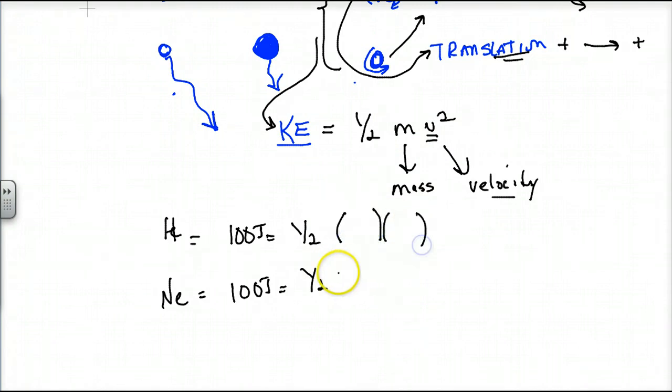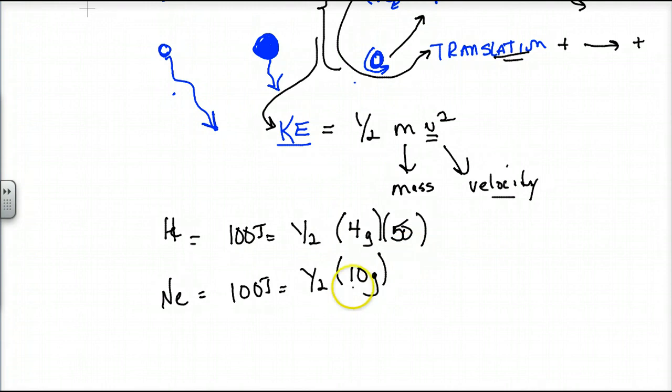So what times each other? Helium has a molar mass, let's do 4 grams per mole. Neon is 10 grams per mole. So if we had a mole of that, that'd be the value. So 1/2 of 4 is 2. 2 times what equals 100? 2 times 50.